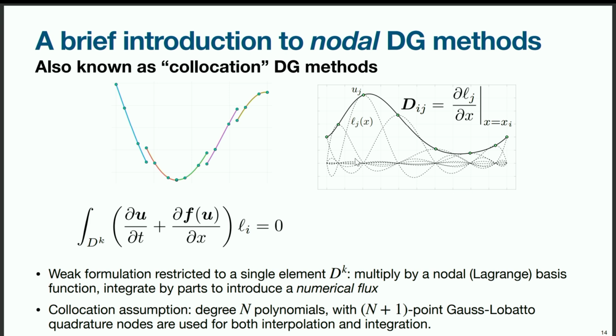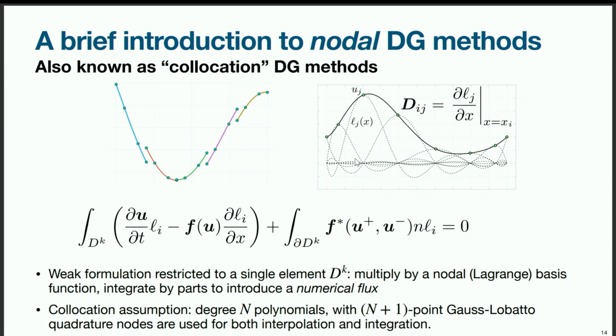I multiply this by some basis function, I integrate by parts, and that gives me a residual, a weak formulation. I introduce, in particular, a numerical flux. This is a boundary integral where I couple together neighboring elements that are now discontinuous from each other using something like a fancy average. So this numerical flux is really the secret sauce of both finite volume and discontinuous Galerkin methods.